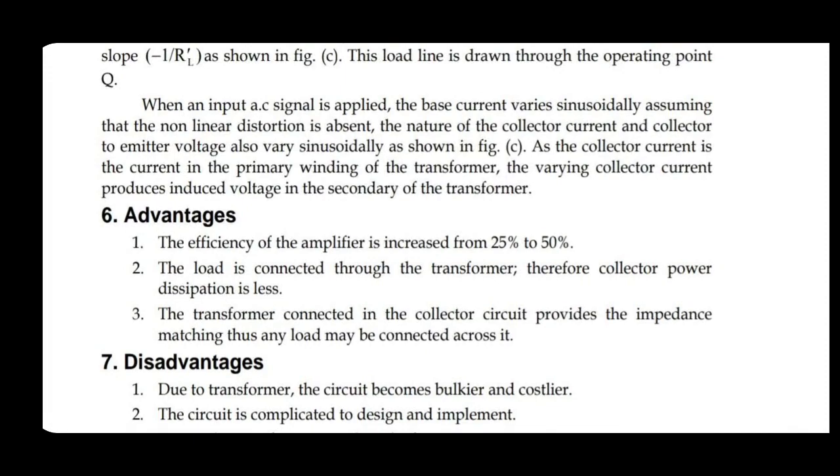Advantage of transformer load: the amplifier efficiency increases to 50%. The load is connected through a transformer, therefore collector power dissipation is less. Less power dissipation is a major advantage, because internal impedance is 0, so there is no loss.